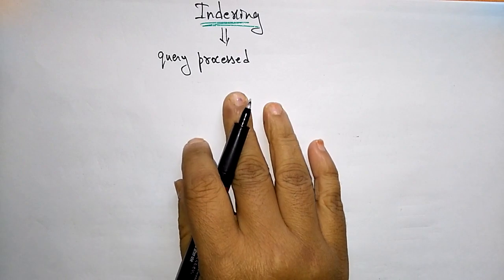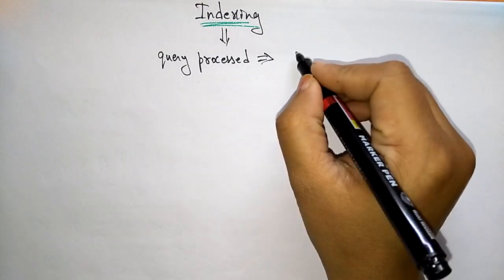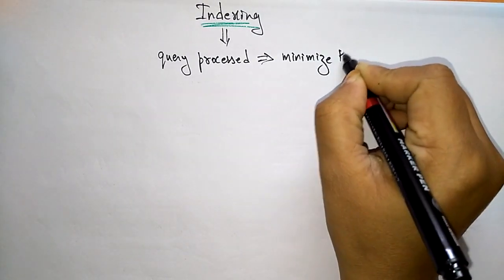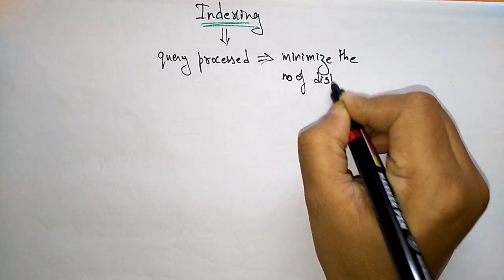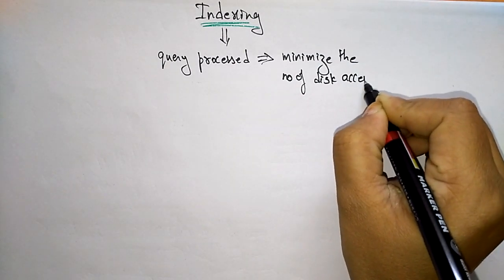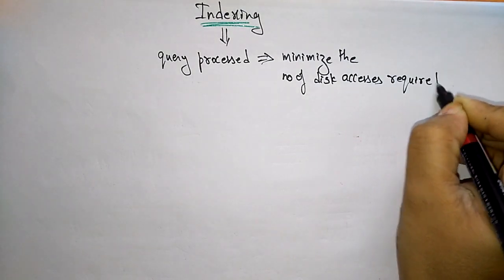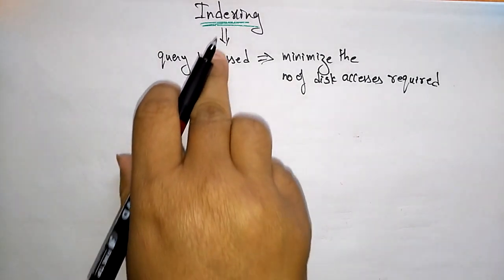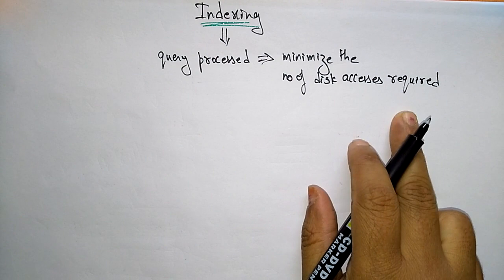this indexing helps to minimize the number of disk accesses required. Okay, so whenever a database query is processed, this indexing helps to minimize the number of disk accesses required.